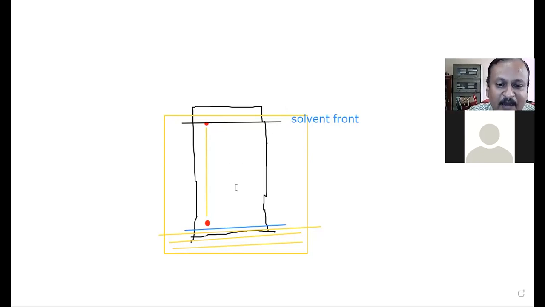Now, on the other hand, if you have a polar molecule and a non-polar solvent system, then what will happen? I'll again try to draw it here. I am placing the sample spot here, and this is the movement, this side.